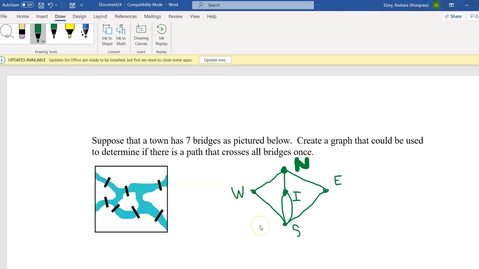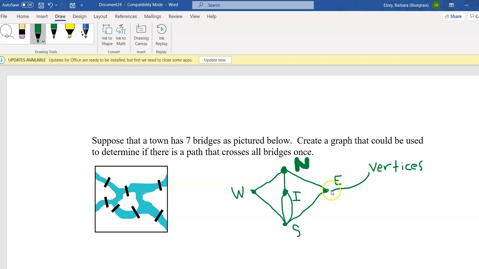Okay, so notice that I called each of these points vertices. Each of the lines, these are edges.